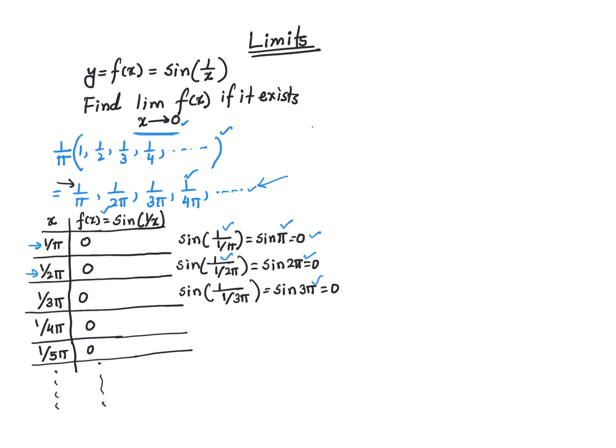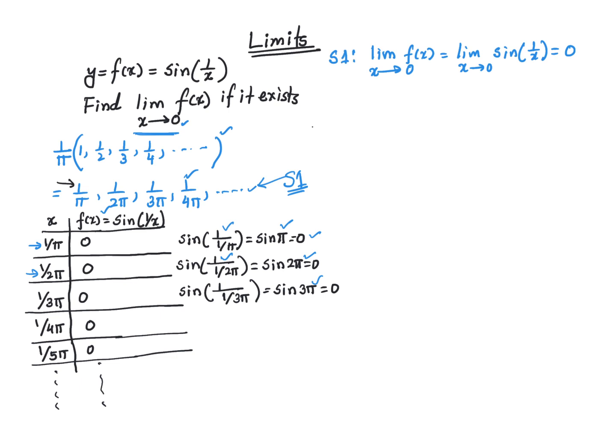So from this, I conclude the following: the limit as x approaches 0 of f of x, which is sine of 1 over x, is equal to 0, by using what we'll call sequence 1. So I'm going to call this S1, or sequence 1. For S1, I get this result.